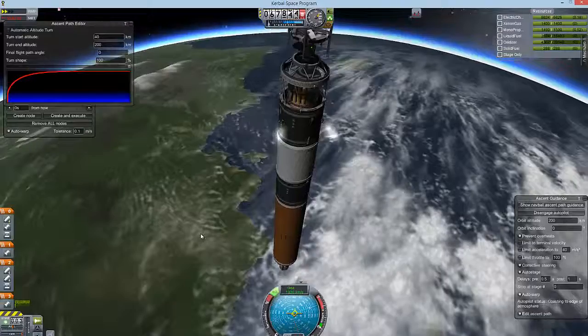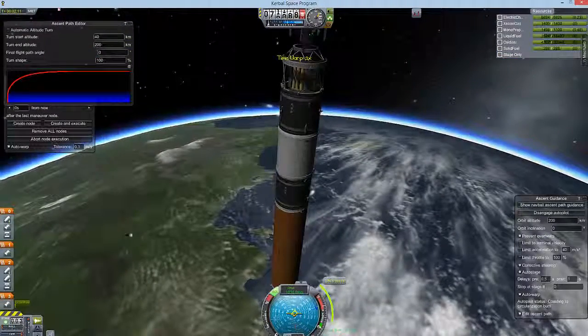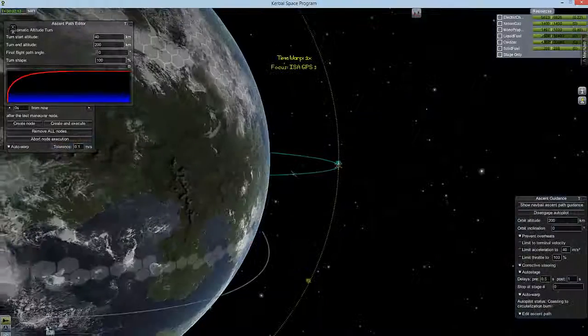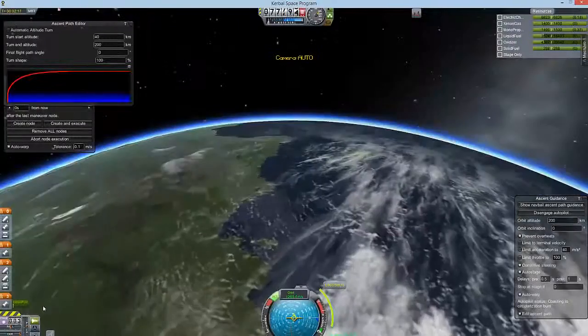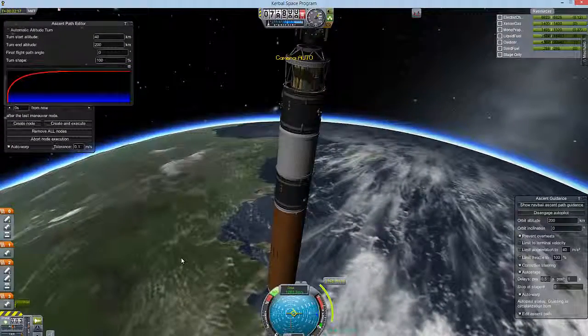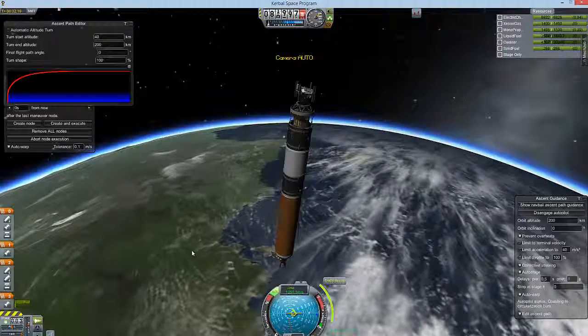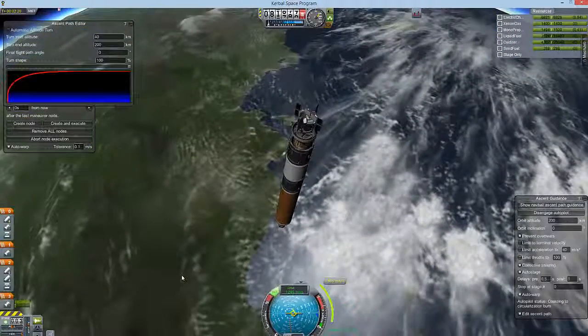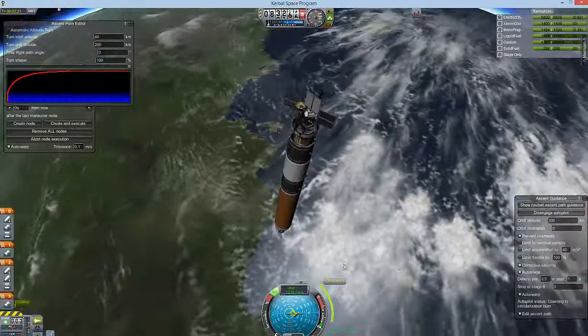It turns and levels off when it gets to 200k, so it circularizes the orbit. Then the second one does near the maximum at 40k. It starts leveling out, and once its apogee hits 200k, it levels out the orbit completely. They all level out their orbit.